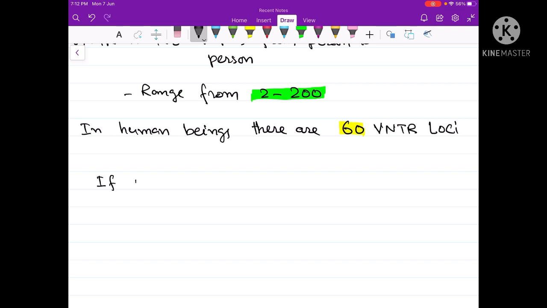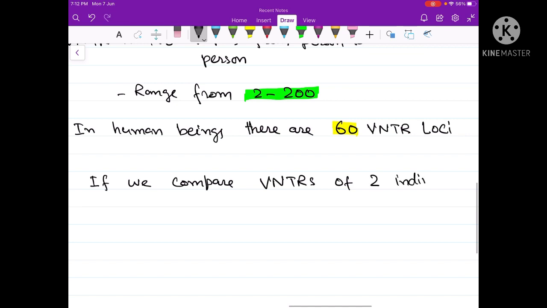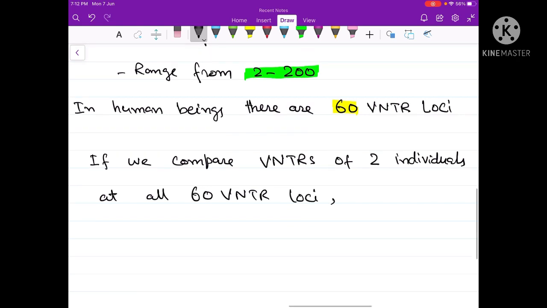Now if we compare the VNTRs of two individuals at all 60 VNTR loci, what we will find is that not all the VNTRs will be the same.